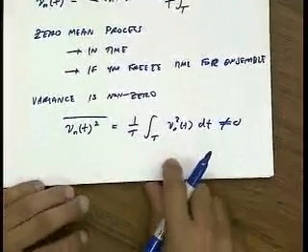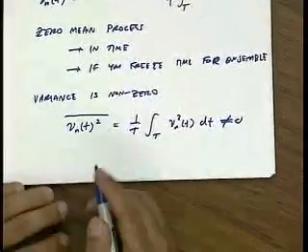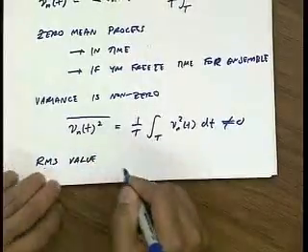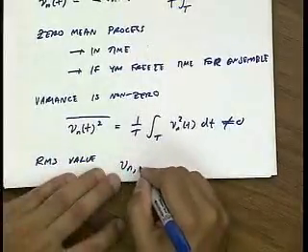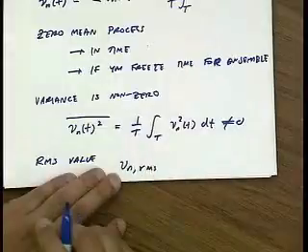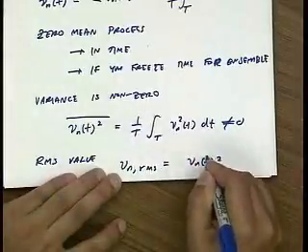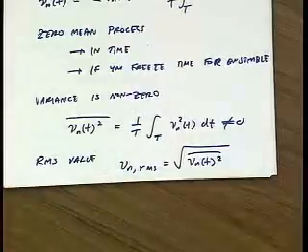Instead of talking about the variance, we usually talk about the RMS value. The RMS value is exactly what it says: the root of the mean squared, so the square root of the variance.